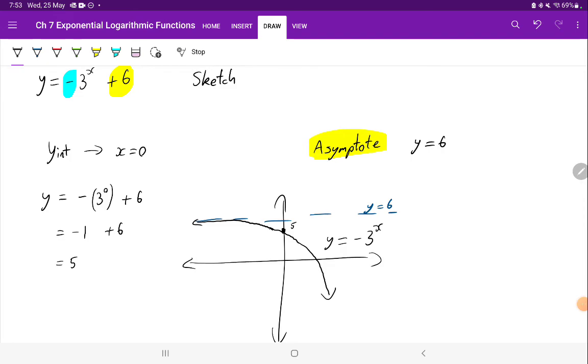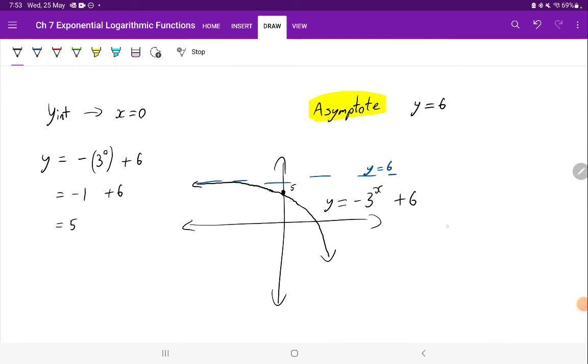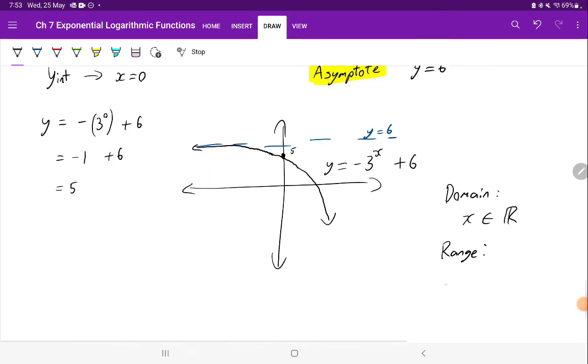Now just for completeness, let's do our domain and range. Now hopefully you've noticed that for the domain, there's no issues. There's no values you can't sub in, so double R will be fine. But the range, you'll notice, is totally based on this asymptote. So it does have two limits. And in this case, here it's pointing down to negative infinity. So the smallest number we could have is negative infinity.